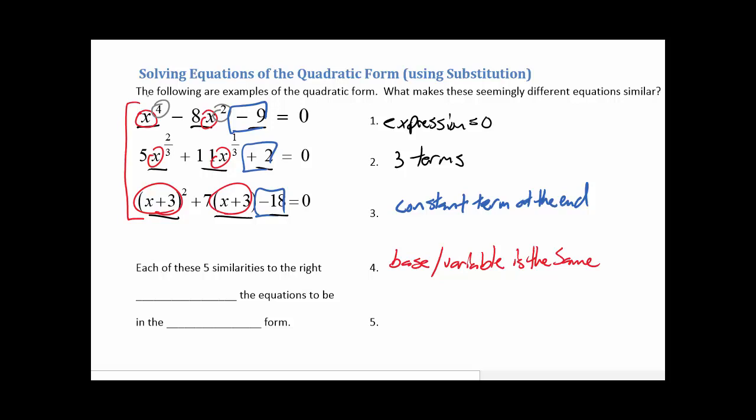So 2 doubled is 4, 1/3 doubled is 2/3, and x plus 3, if you square or double that, you get x plus 3 squared. So it looks like the exponent of the first term is twice the exponent of the second.